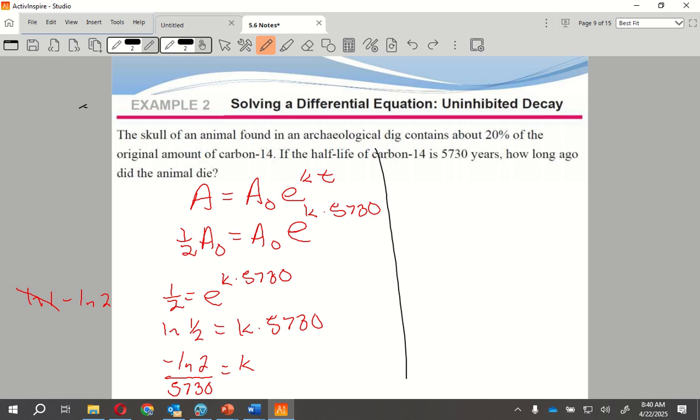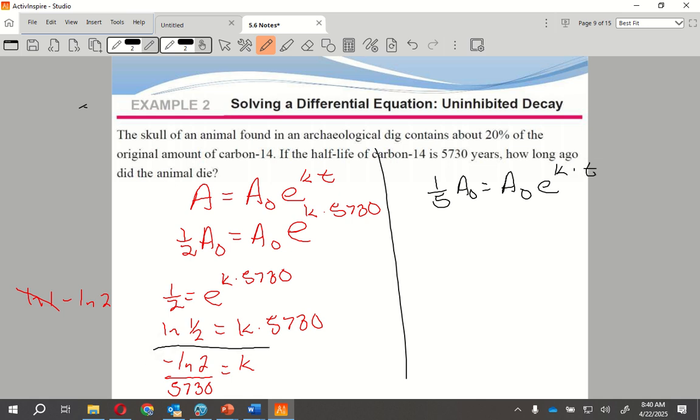Can I write that as a fraction? I like fractions. Fractions are your friend, not food. That's 1 over 5, right? 1 over 5 of a sub naught is equal to a sub naught e^(k·t).